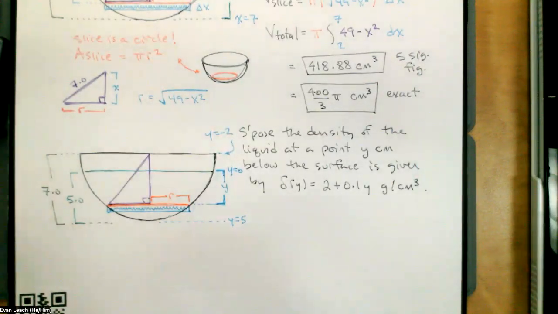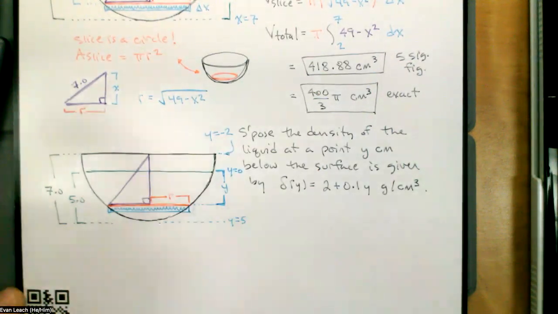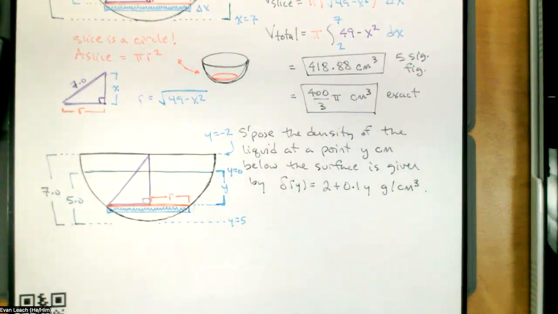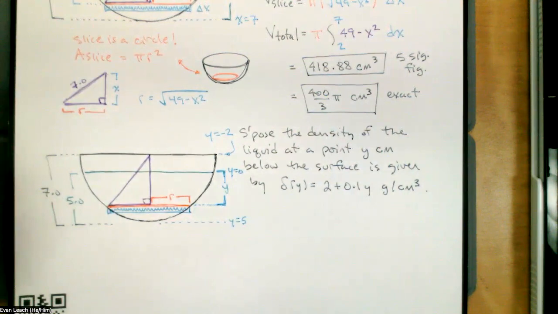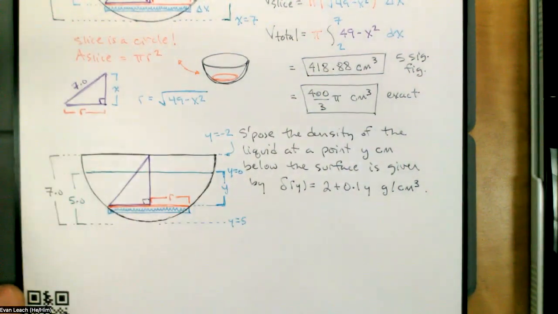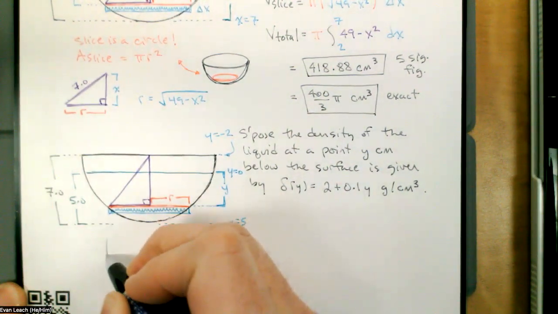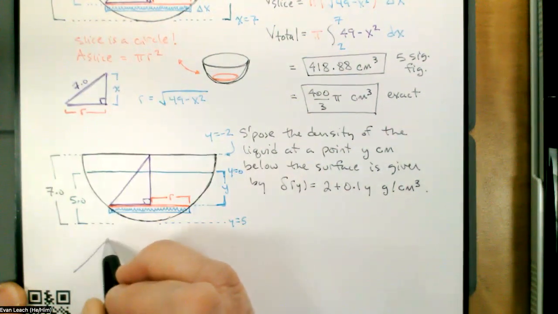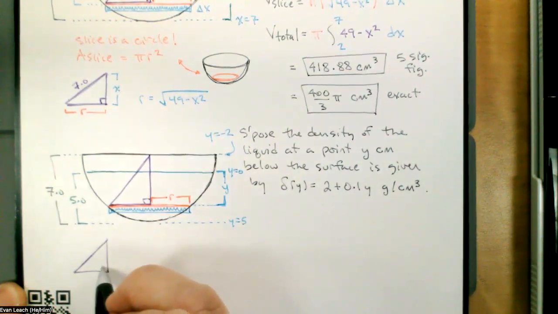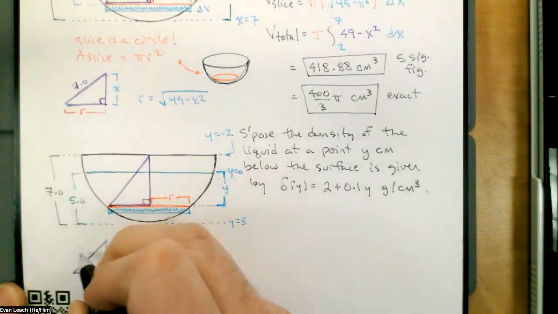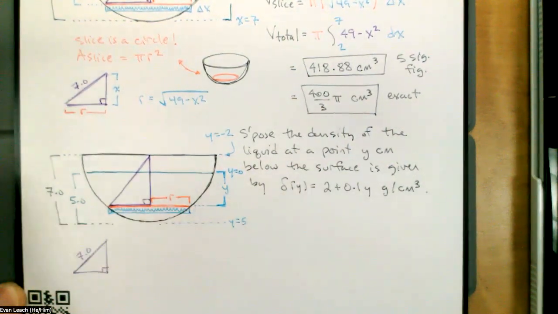So our radius r, where previously the vertical leg of that right triangle was x, it's not y. Y goes from the surface, not the top of the bowl. So I need an expression for the vertical leg of this right triangle. So I've got a 7 for our hypotenuse.